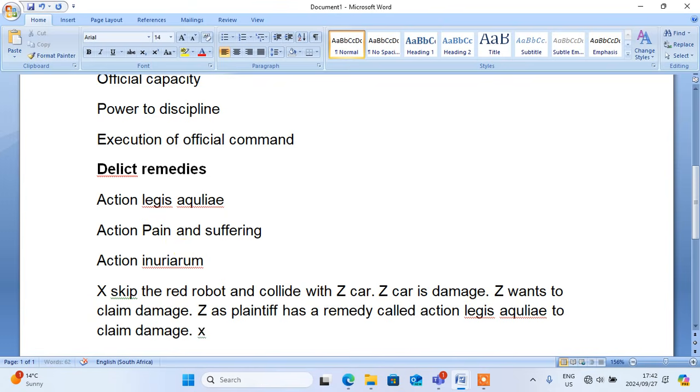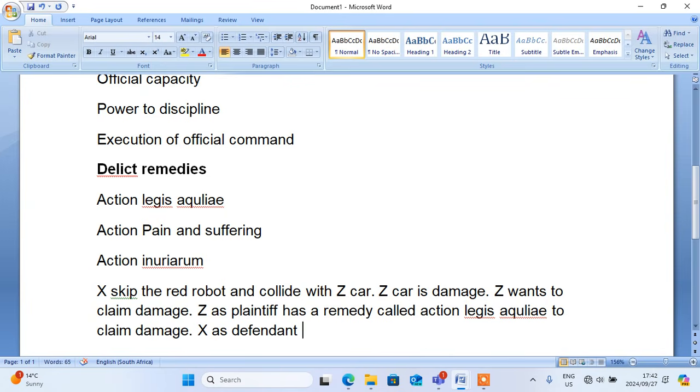Now, X as defendant can use any of the above grounds of justification. Maybe let's just give an example.